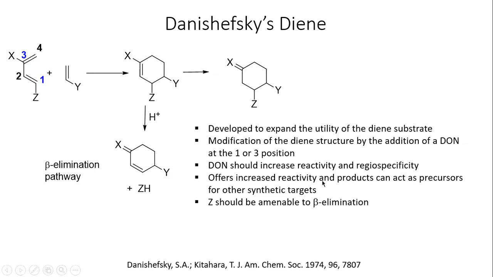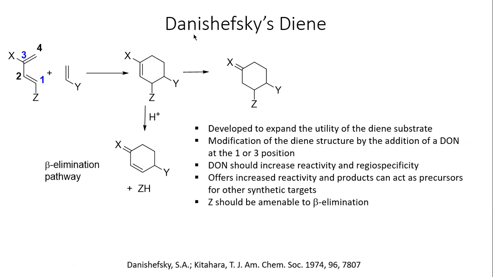And then you have also functional groups now in your cyclic product that can act as precursors for other synthetic targets, right? And one of those targets is to be able to eliminate the Z group right here, whatever Z is, right? Eliminate it through beta elimination. So you can see here, you go from here to just adding a proton source, and then you do beta elimination by, can I annotate that?